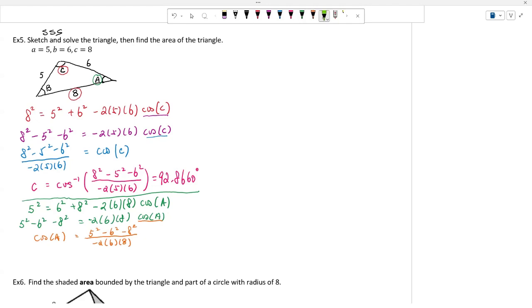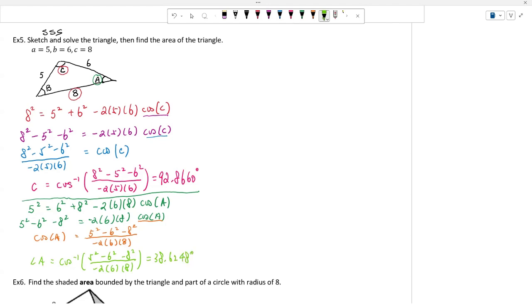And the angle A is the cosine inverse of this expression. My calculator tells me that it will be 38.6248.